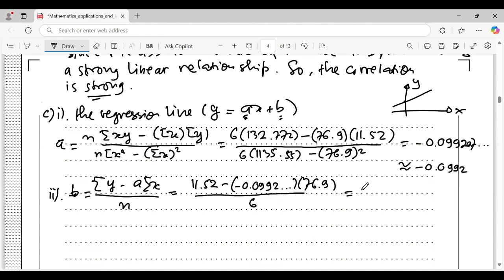And the result, if you calculate, is 3.1915 and so on, rounded off becomes 3.19.